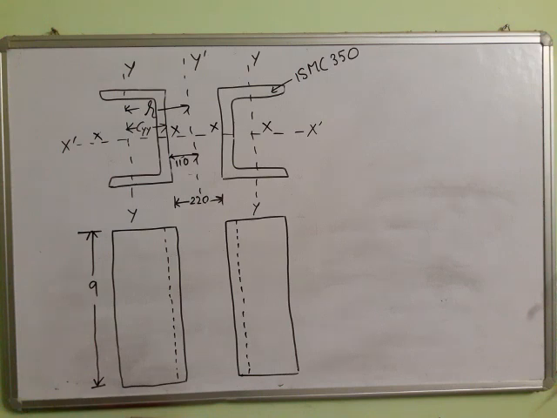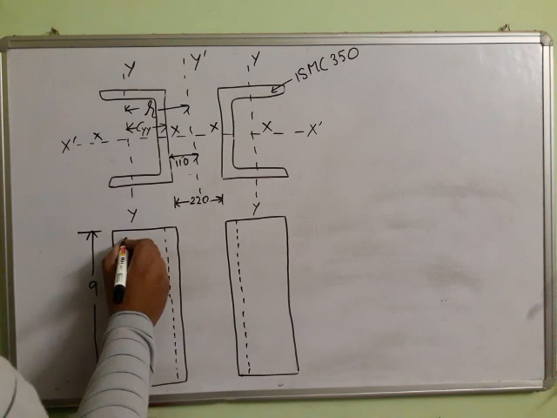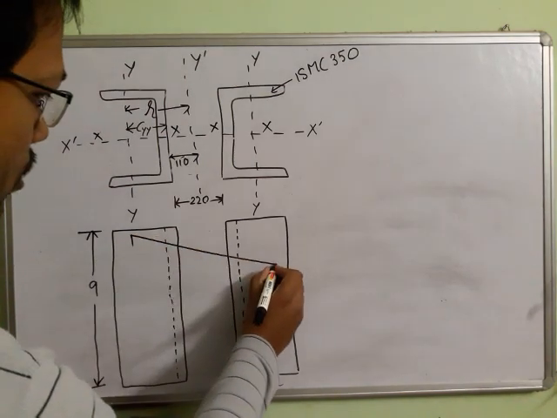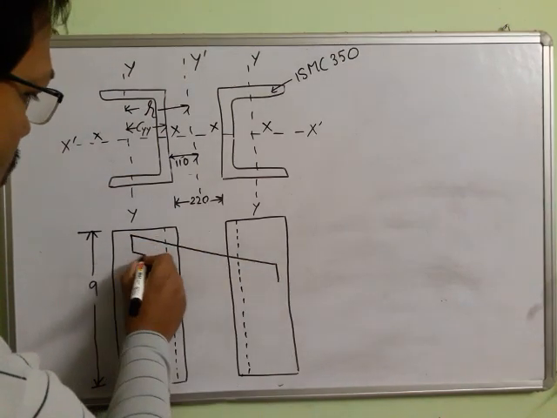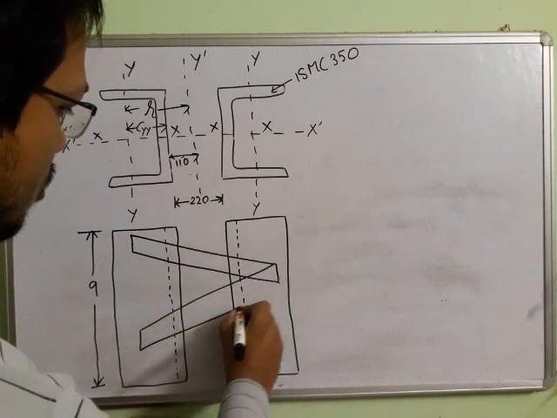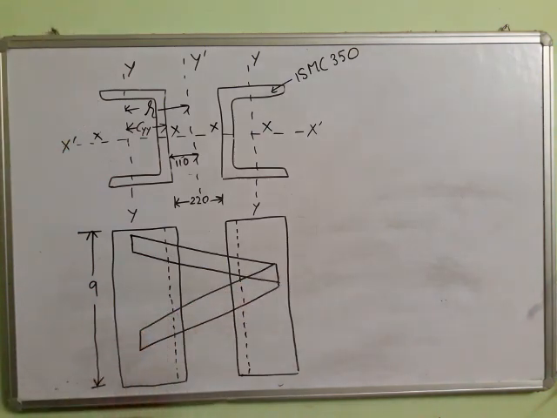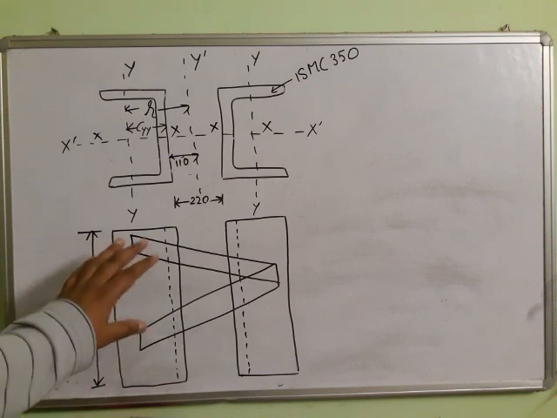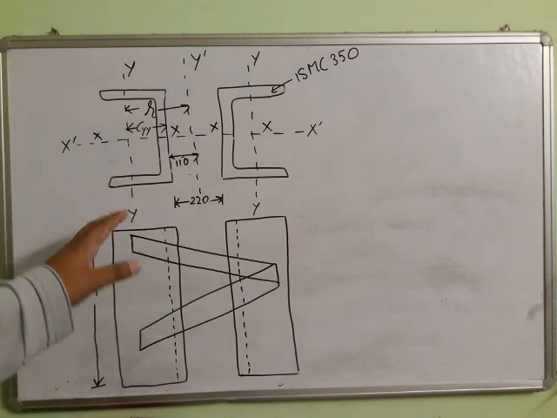They look like this, you see. I'm just giving you a rough diagram. Okay, so it's not like there will be just two lacings here. There will be a number of lacings. It depends on the spacing and all. So if I provide the lacing like this, what will it look like in the top view?